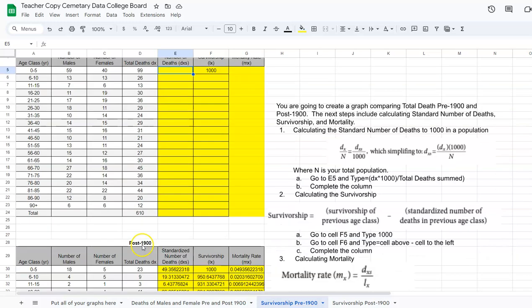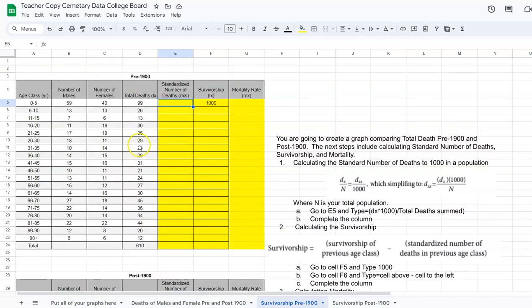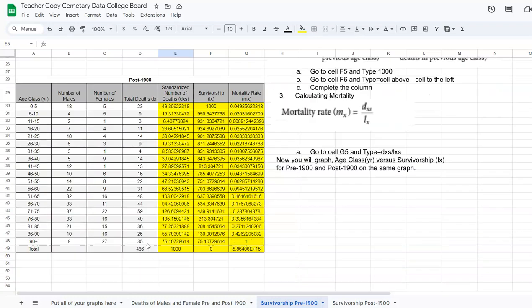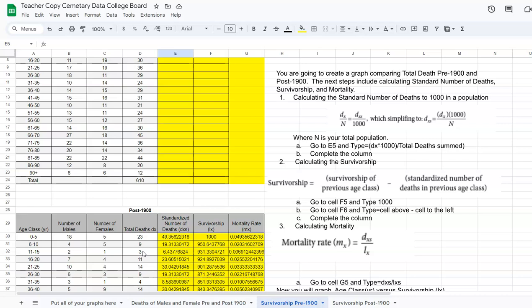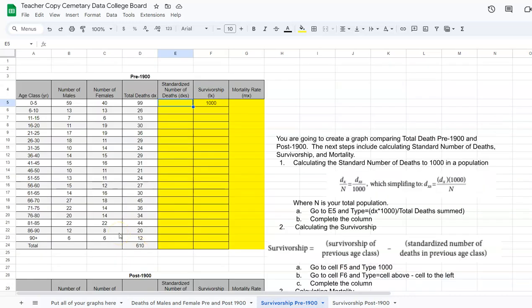The problem is, if I want to compare, which is kind of what this lab is about, I want to compare survivorship before the Industrial Revolution and after. And if I want to do that, here's my problem. I've got 610 people here and 466 people here. I want to liken it to if you had 2 football teams and one team had played 2 games in the season, the other had played 10.